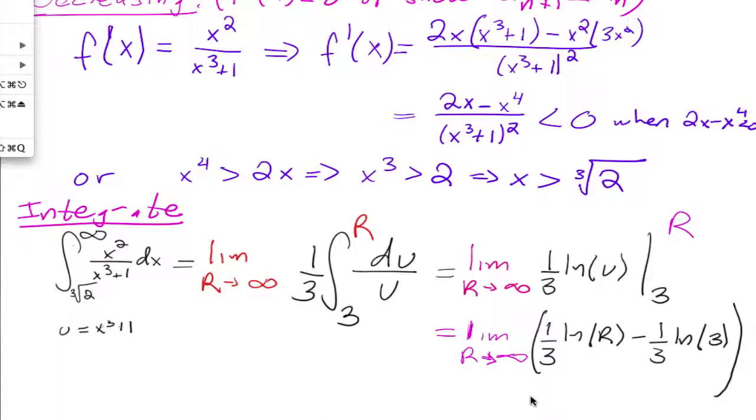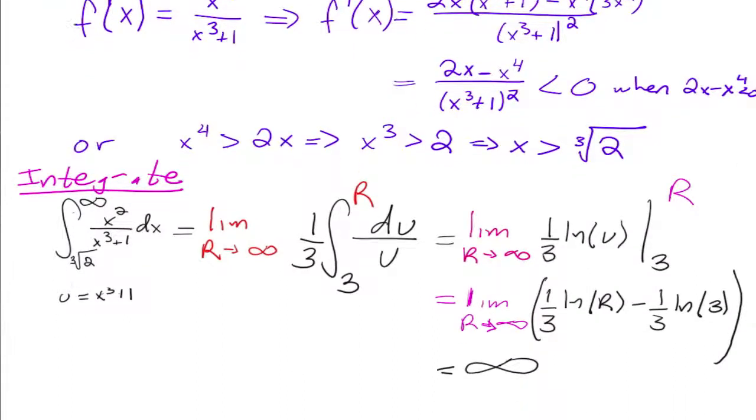So as r goes to infinity, where does that go to? We have ln of infinity, which is infinity, minus 1/3 ln of 3. So that's just going to infinity, right? So the integral diverges. What does that tell you about the series? Yeah, the series is also going to diverge.